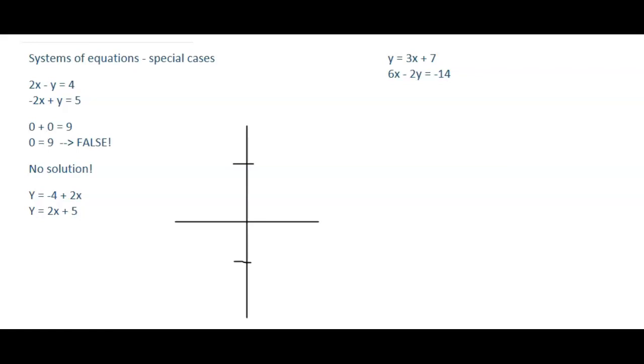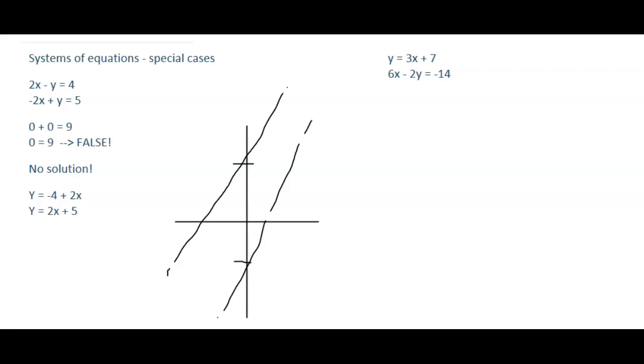My top equation has a y-intercept of negative 4 and a slope of 2, goes something like that. Second equation, I have a slope of 2 and a y-intercept of positive 5, something like that. So my two lines are parallel. Use your imagination, they're parallel. They're never going to meet, which goes along with finding the intersection point. There isn't one, so this system of equations has no solution.